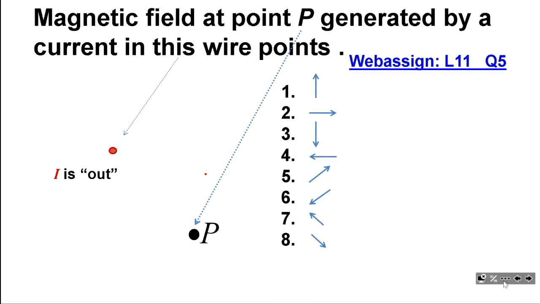generated by a current should be circular. So this is one specific magnetic field line. Now, it's a circle directed, so it has a direction. How should we draw an arrow which represents the direction? We have only two options, clockwise, counterclockwise.